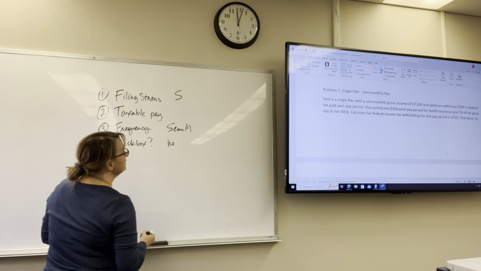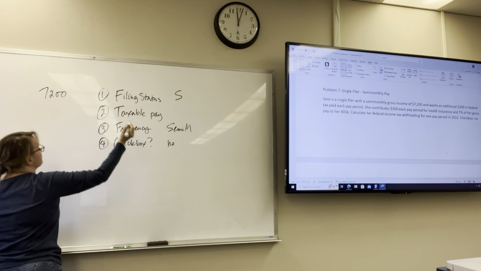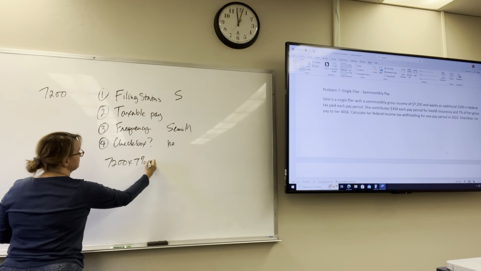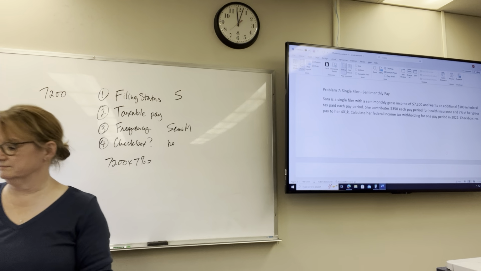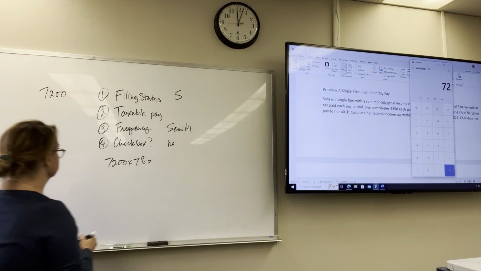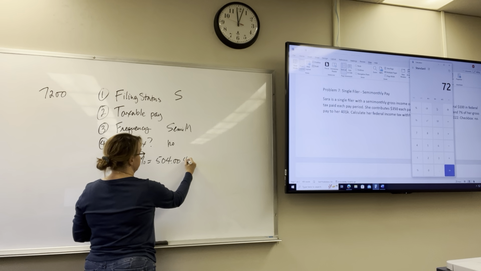So we're starting with 7,200. So let's see, 7,200 times 7% to get her 401k amount. 504. So this is her 401k.